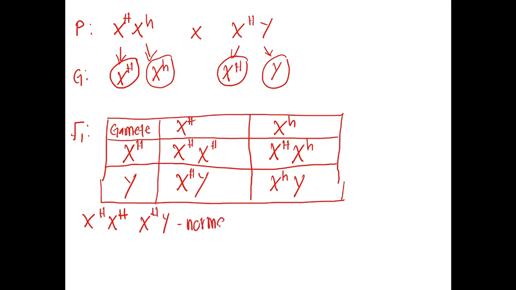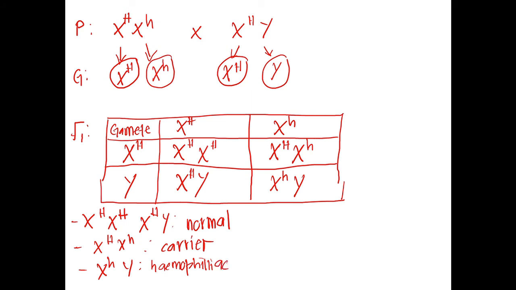Write it like this. Then this one, X hash, this is carrier. Okay, and here you have the mistake from earlier. Okay, so here hemophiliac. That's the spelling correction.